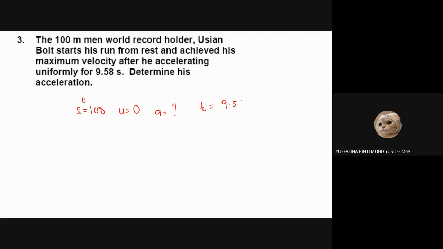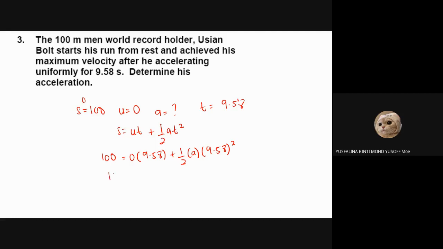So for this one use S equals UT plus half AT square. U is 0, T is 9.58, plus half A, which you need to find. T square is 9.58 square. Then S is 100.